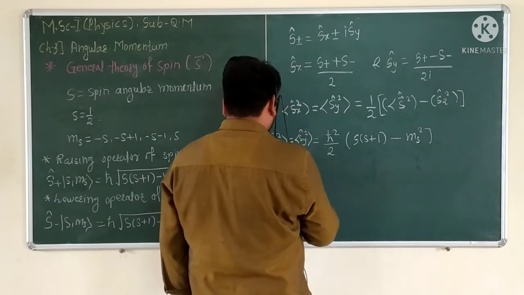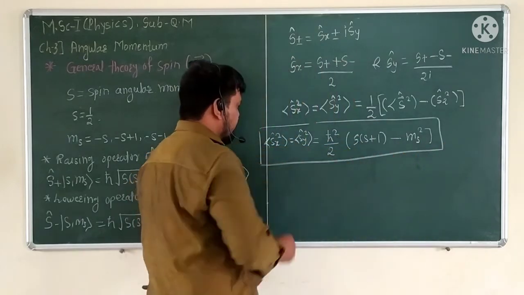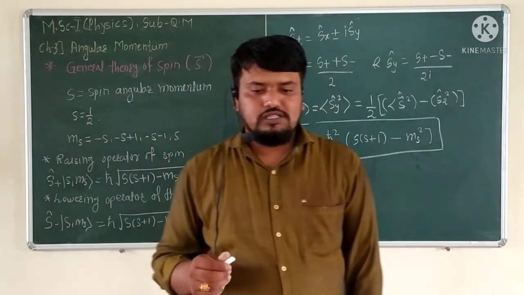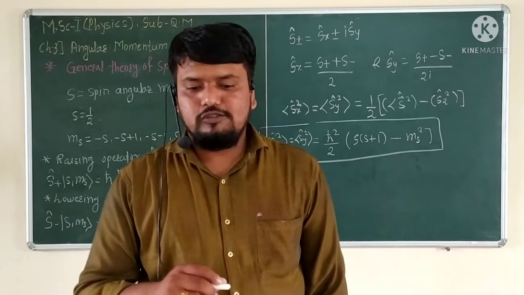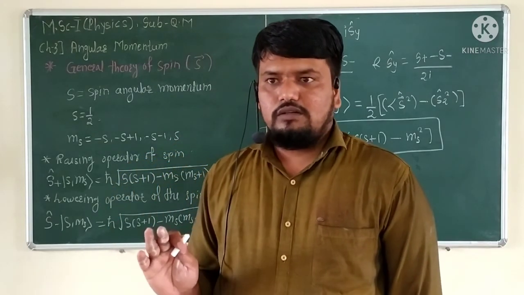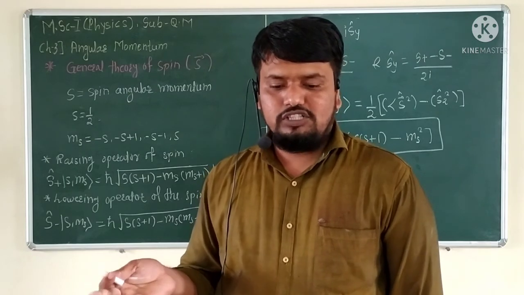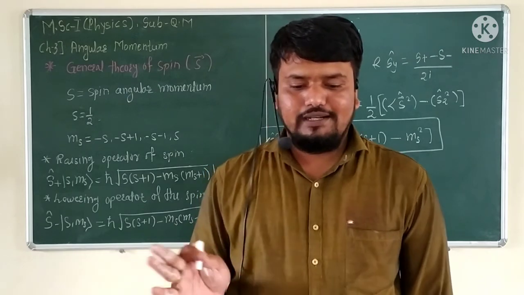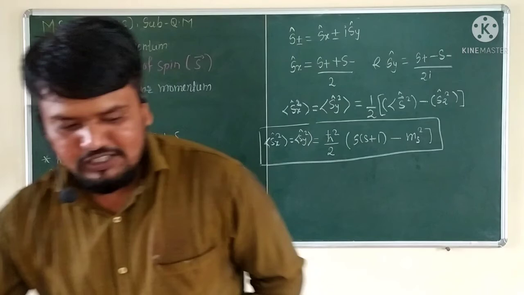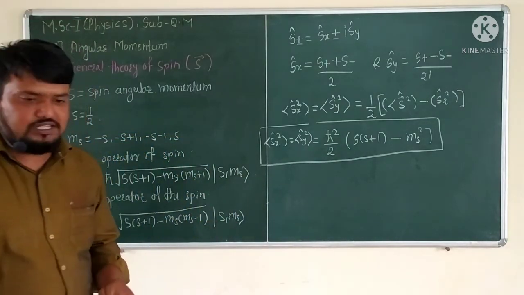Both of Sx square and Sy square have the same eigenvalue formula, which is h cross square by 2 times s into s plus 1 minus ms square. And one more formula: the spin states form an orthonormal and complete basis. This relation we want to see, and the next point we want to see in the next lecture.